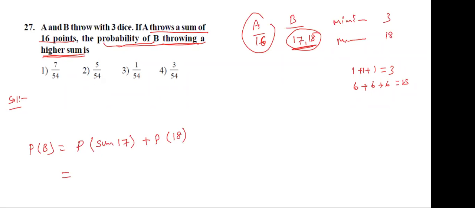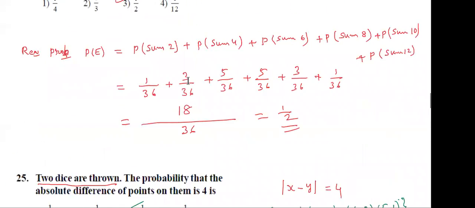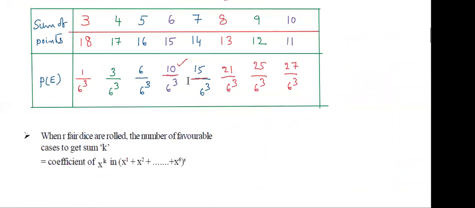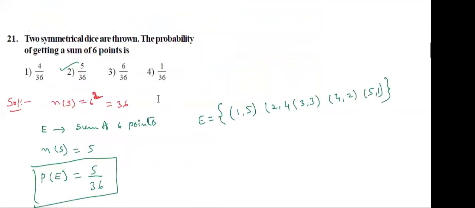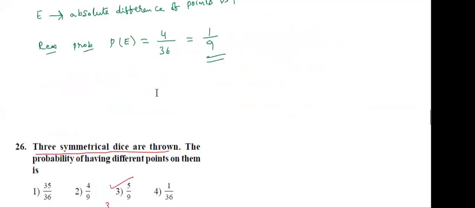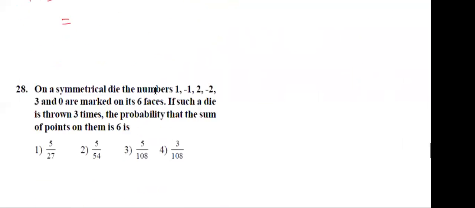Already we know the shortcut table when dice are rolled 3 times. See here. Sum 17 means 3 by 6 cube. Sum 18 means 1 by 6 cube. Directly you can write. So what is the answer, students?